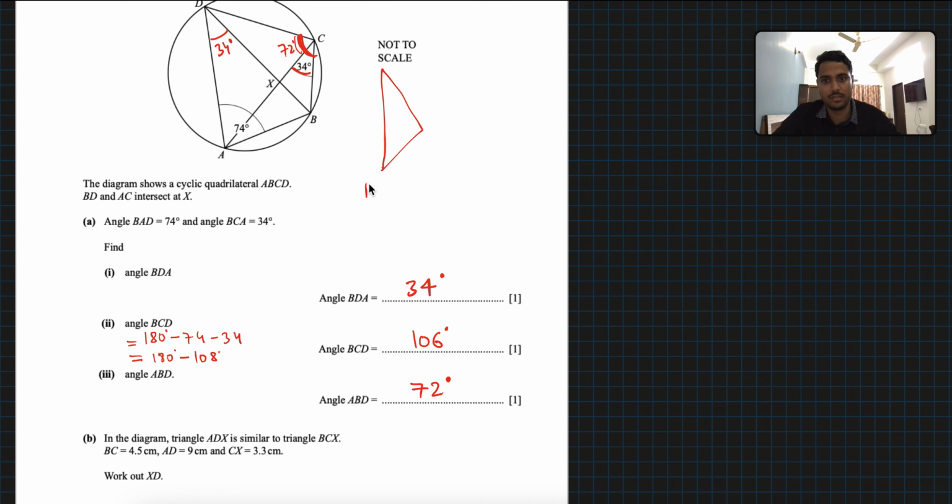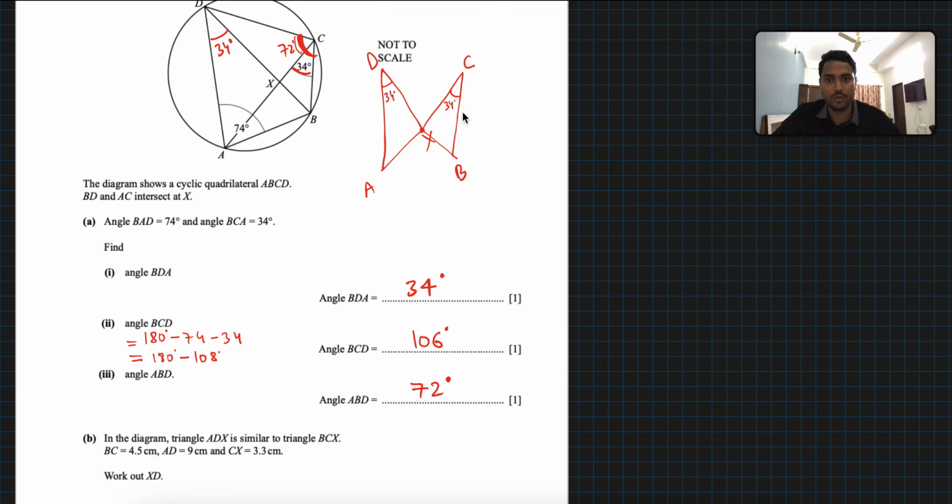ADX is like this: A, D and X. We have this angle 34, and they're asking for BCX. I'll sketch it like this: BCX. This is also 34 degrees.